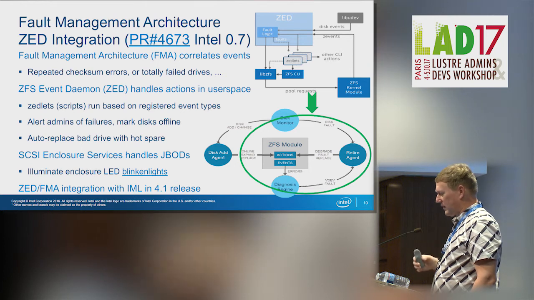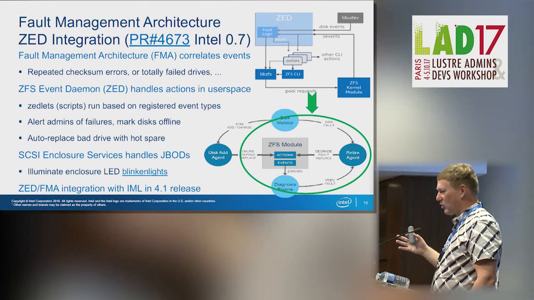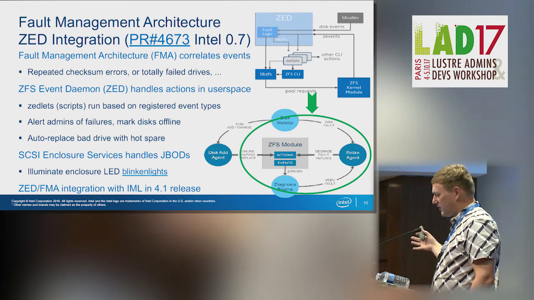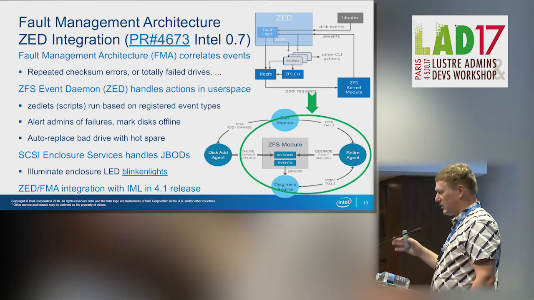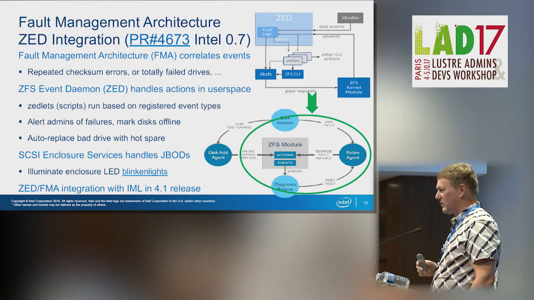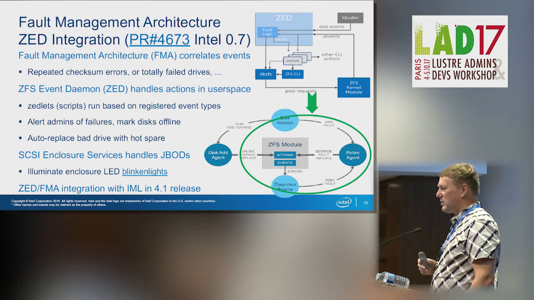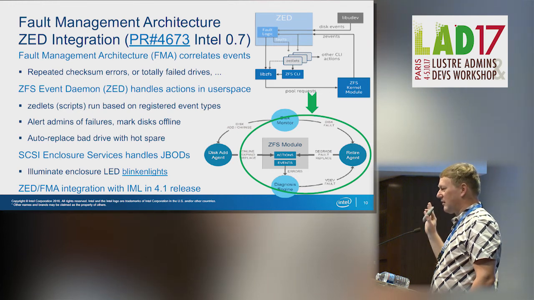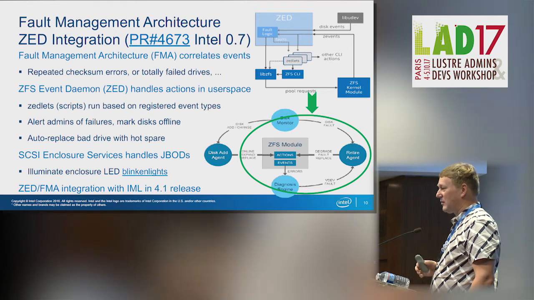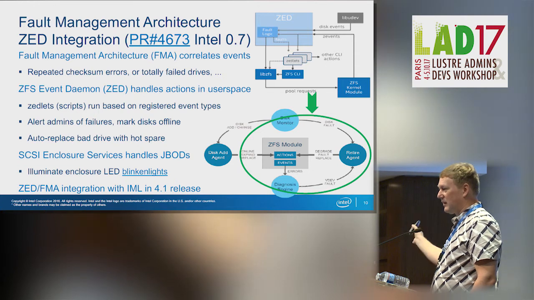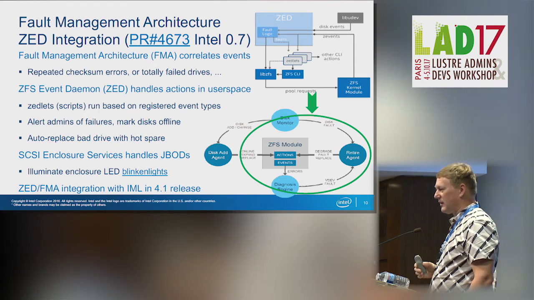And so right now it's only doing correlation of IO errors and checksum errors and things like that, and it's used to drive the ZFS event daemon, which is like a daemon in user space for handling disk faults, or taking disks with repeated checksum errors and saying, okay, after you hit 1,000 checksum errors on this disk, consider it failed and bring in the hot spare or something like that, right?